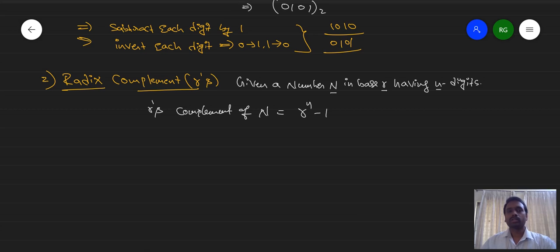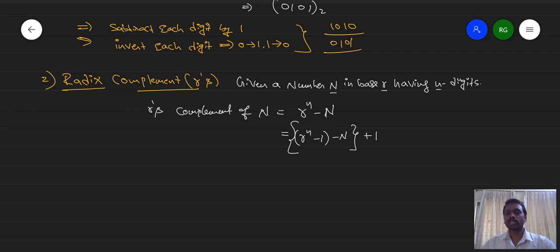So this R's complement can be slightly modified as follows. The complement is R power n minus N. So this can be slightly modified as R power n minus 1 minus N plus 1. I simply subtracted a 1 and added a 1, so there is no change.